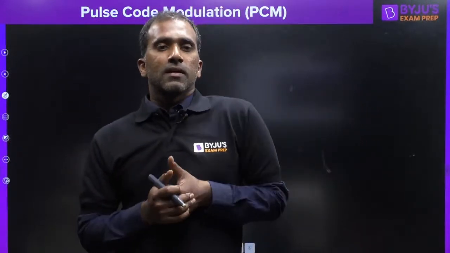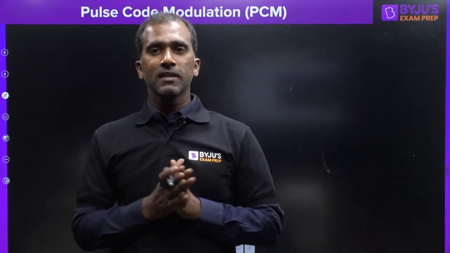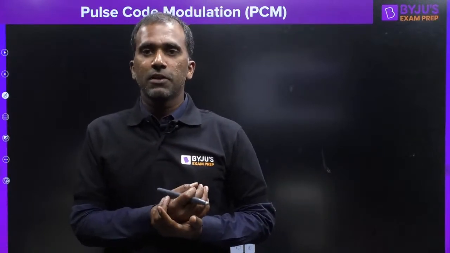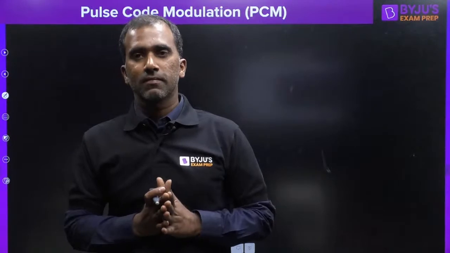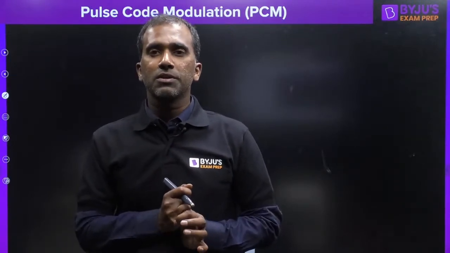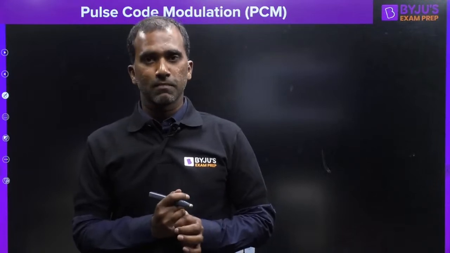Are you interested? Yes, no? If you are interested to listen, I'll talk about the quantizer also in a little more detail. For the next 15 or 20 minutes, I'll talk about the quantizer. I'll explain a few parameters on the quantizer so that it will help you to solve the questions in tomorrow's session very easily.